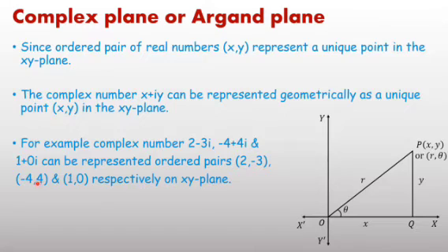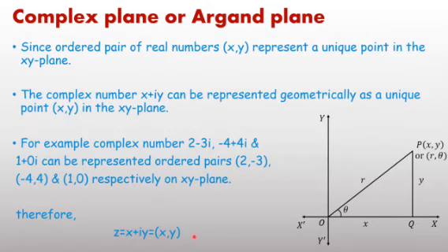Minus 4, the real part, is on the x-axis, the x coordinate, and 4 is the y coordinate of the point. Therefore the x-axis is known as the real axis and the y-axis is known as the imaginary axis. So any complex number x plus iy can also be written as (x, y), and if a complex number is written as (x, y), it implies x plus iy.